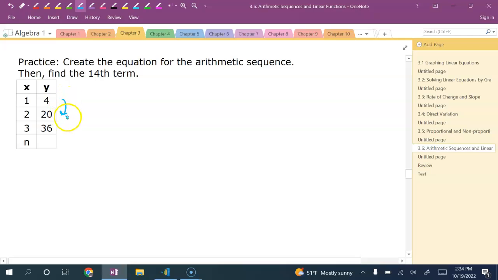So if I look at what my numbers are doing on this one, it looks like they're adding 16 each time. So to do my equation, we do a_n equals, your first term was 4, plus 16 times n minus 1. So this becomes 4 plus 16n minus 16, and that simplifies to 16n minus 12.